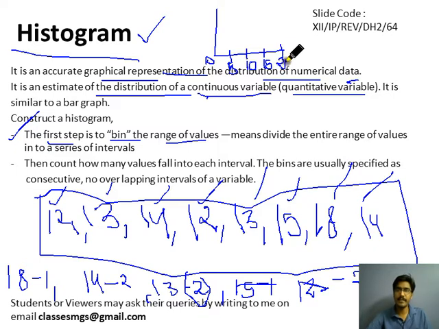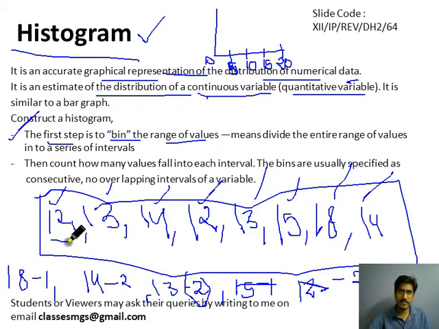We will create some bins, like the 0 to 5 range. How many students are there in this data set whose age is between 0 to 5? No student is there, so there will be no bar. How many students are there between 5 to 10? Also no student, so there will be 0. How many between 10 to 15?